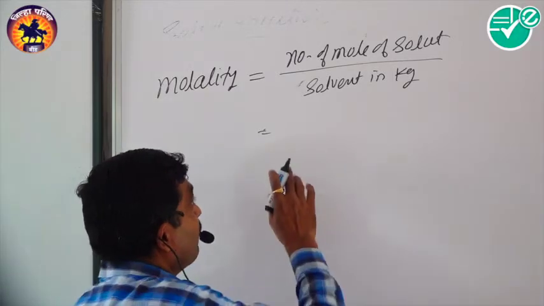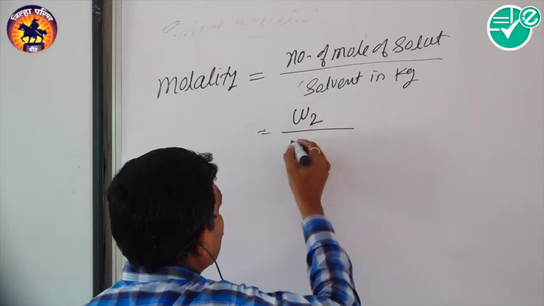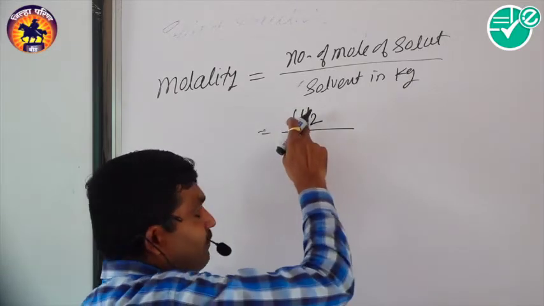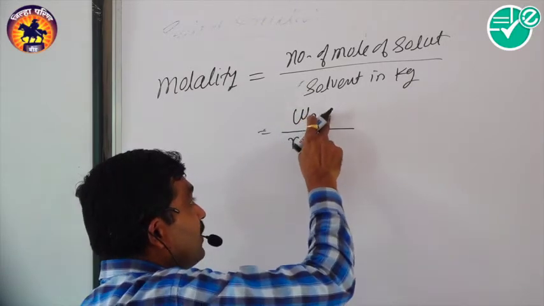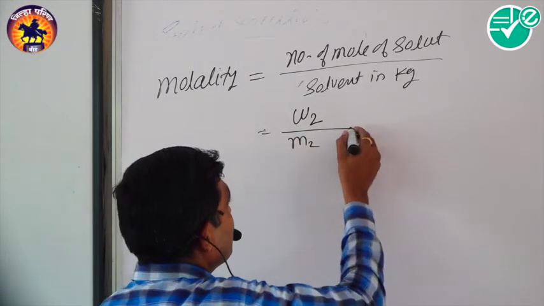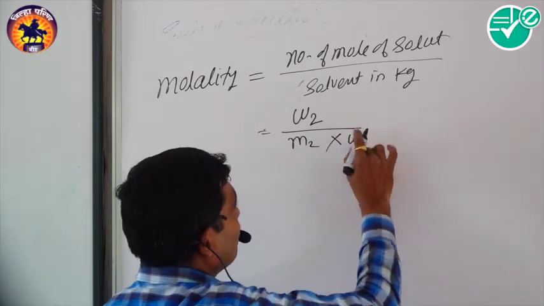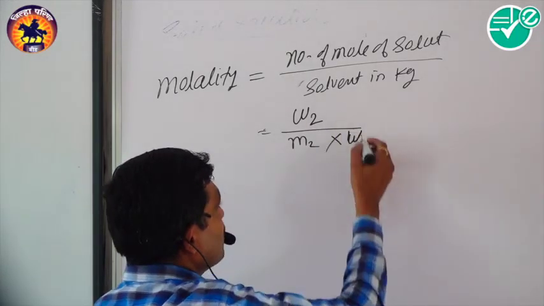So here the weight of the solute is W2, divided by M2, the molecular weight of the solute, into W1, the weight of the solvent.